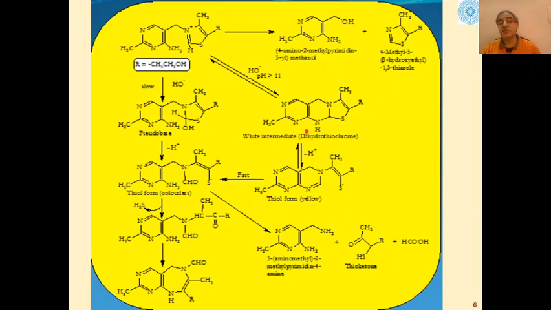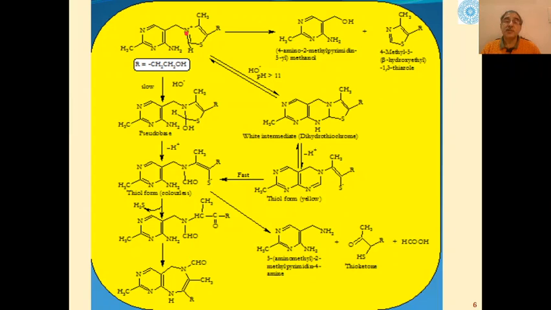White intermediate will be formed, and this will be formed with this nitrogen acting as a nucleophile and adding to this carbon to generate this type of carbon-nitrogen bond.